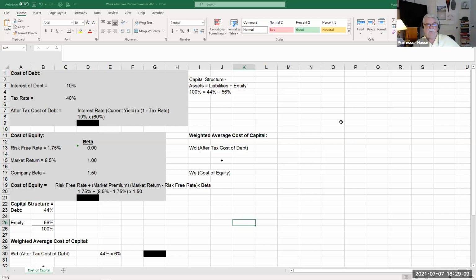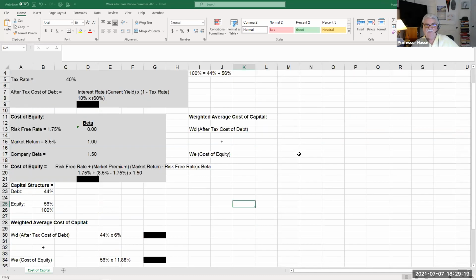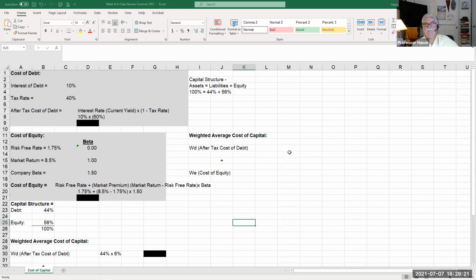Remember last week we talked about the capital structure of a company, the cost of debt, the cost of equity, and the weighted average cost of capital. We used that discussion to determine that the cost of debt is the after-tax cost of debt, taking the tax rate of the company and the current interest rate on the debt.